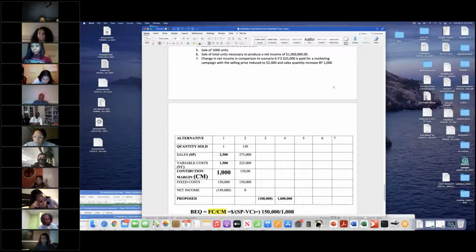When you get that formula memorized, Mendez, it will help you determine how many you've got to sell. So we took the fixed cost, 150, divided it by 1,000, the contribution margin. That told us that 150 was the number we needed to sell.